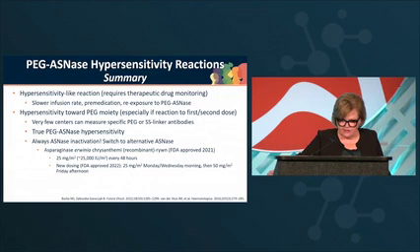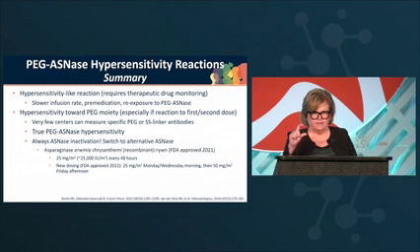And as I talked about, that's what we have in summary. Pre-medicate if you have therapeutic drug monitoring, and if your patient continues to have hypersensitivity, consider switching to Erwinia. And we know in silent inactivation of the drug, you always switch to Erwinia.